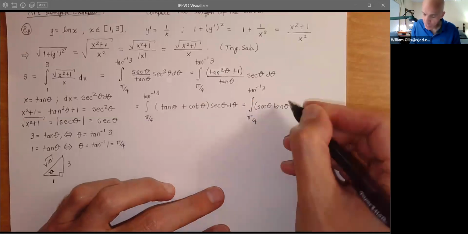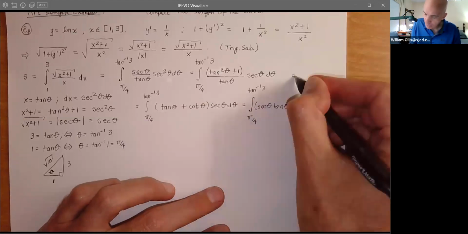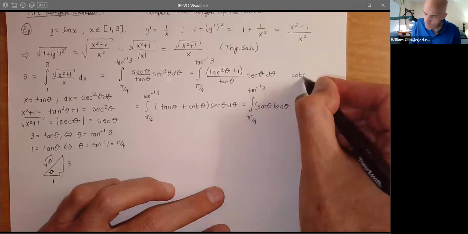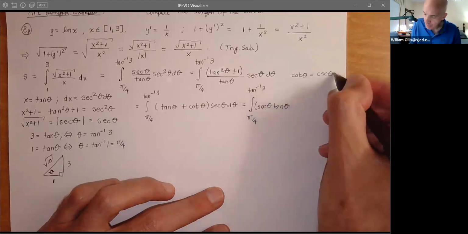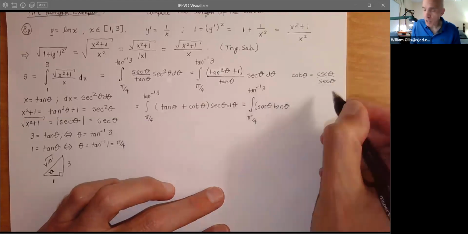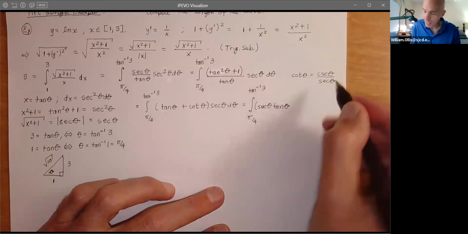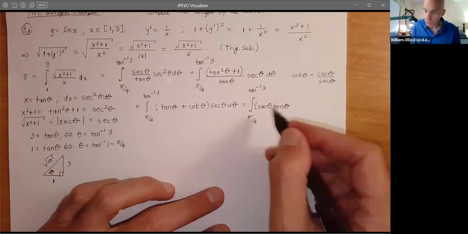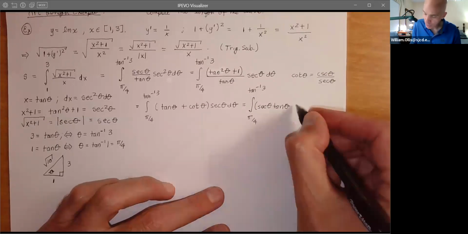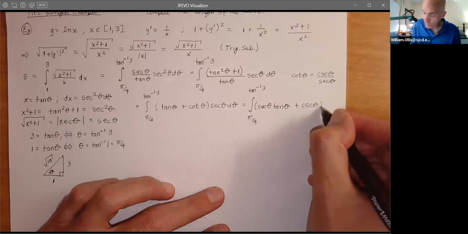Now notice, cotangent theta is just cosecant theta over secant theta. You just rewrite the cosine over sine as cosecant over secant, and then you see the secants absorbed. So that's a little trick you learned in pre-cal. So that's cosecant. And we know how to do those integrals.